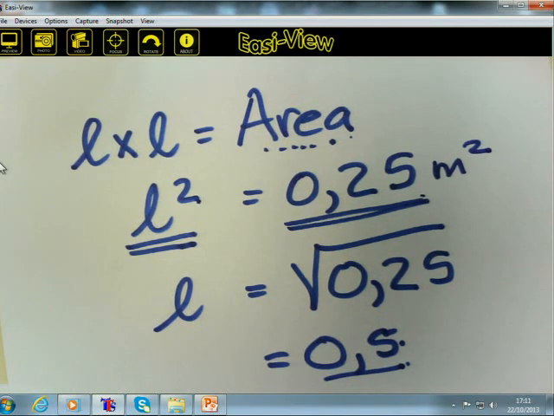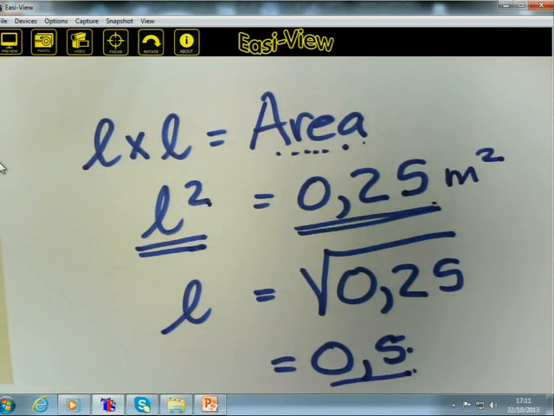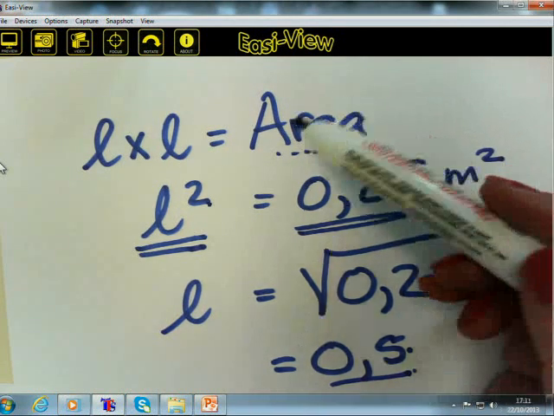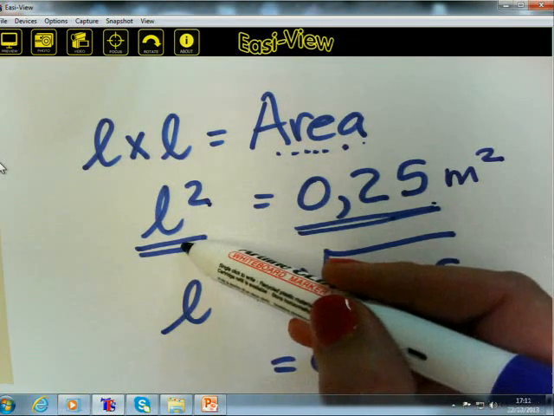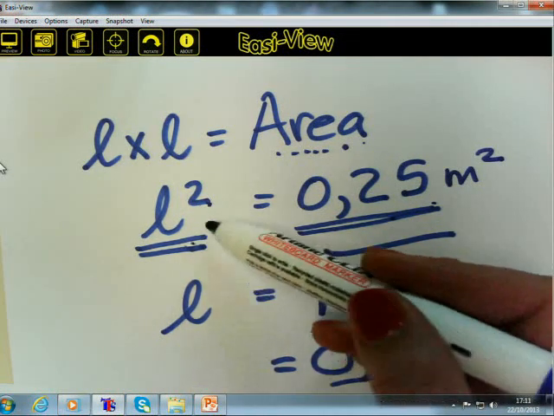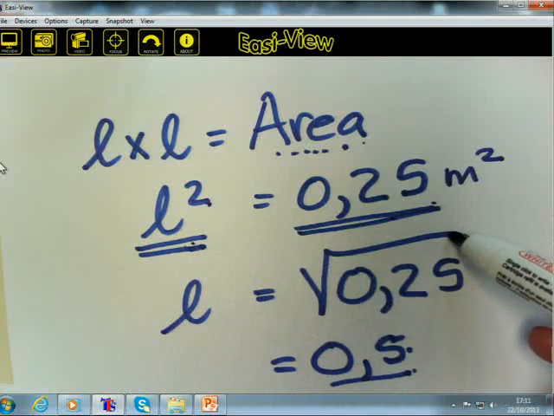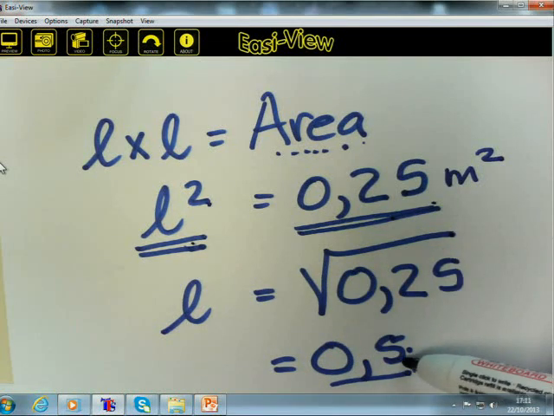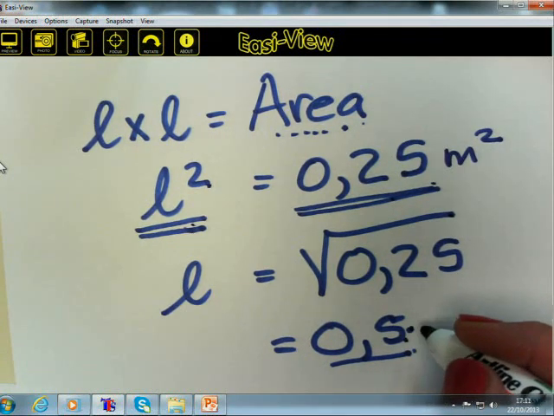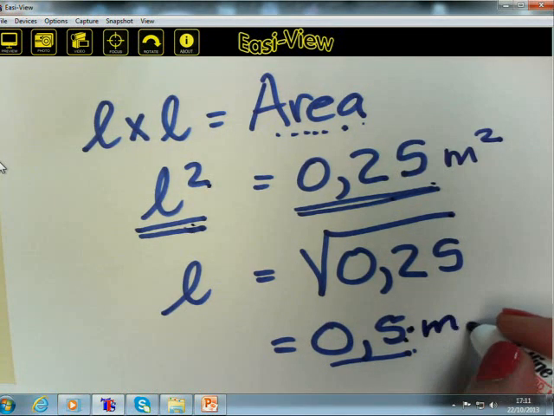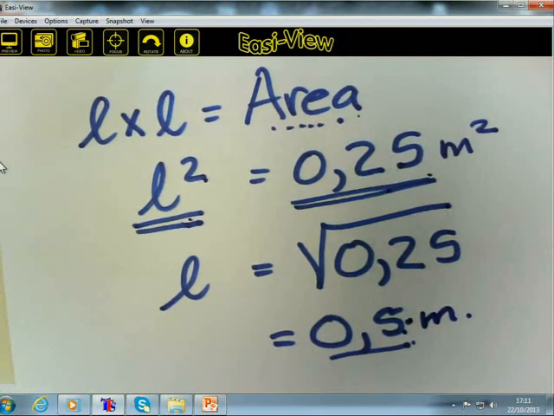Now I have all the measurements that I need. I'm going to repeat. The area was 0.25 by multiplying L times L, which is L square, and the opposite of that is square root. And then when you get the square root of 0.25, I will get 0.5 meters in this case, and that will be the measurements.